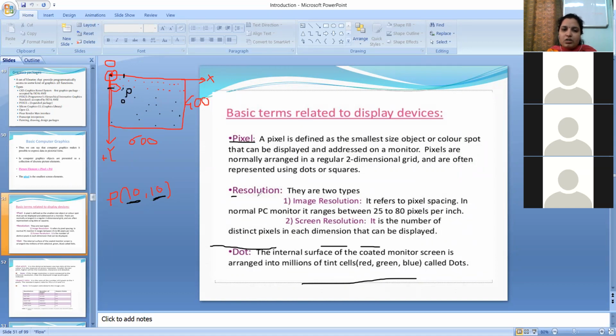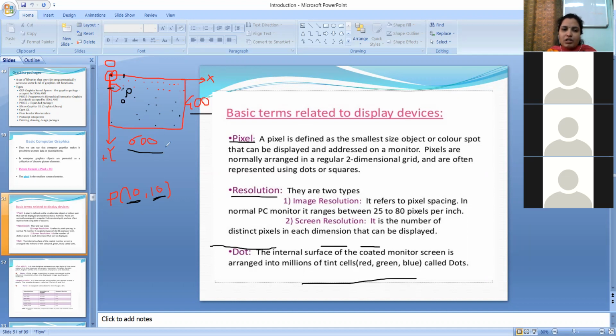Then we will see the resolution. In day-to-day life also we use this word resolution. So what does resolution mean? One meaning is the number of pixels present on the monitor. Here we have taken the example that 600 pixels are present horizontally and 400 pixels are present vertically.